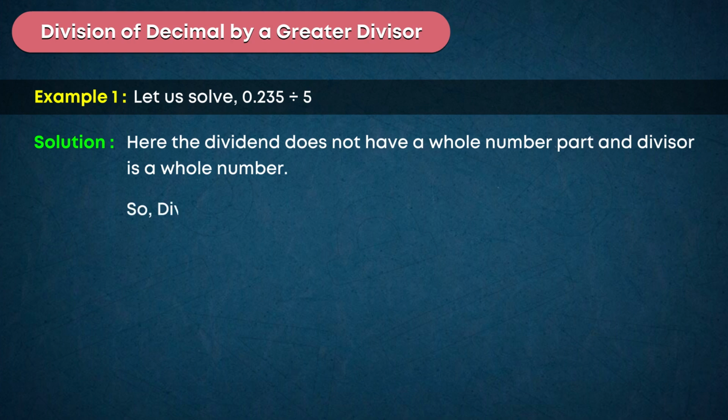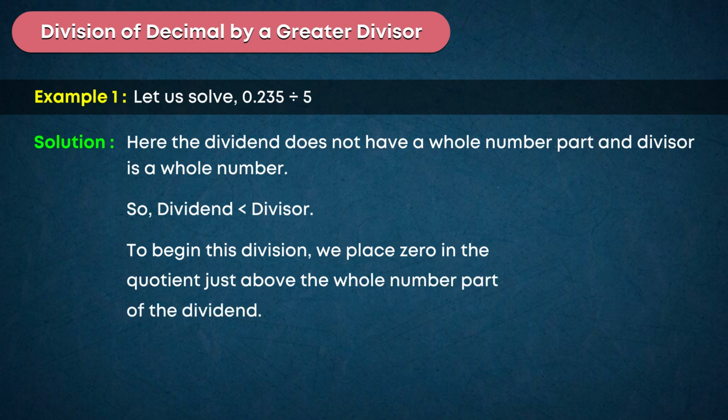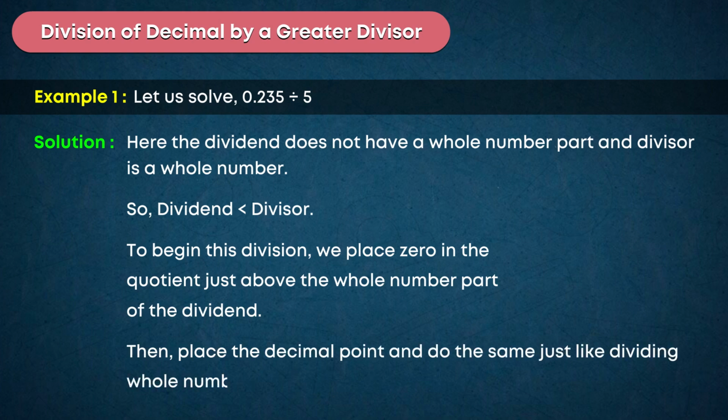So, dividend is less than divisor. To begin this division, we place 0 in the quotient just above the whole number part of the dividend. Then, place the decimal point and do the same just like dividing whole numbers.